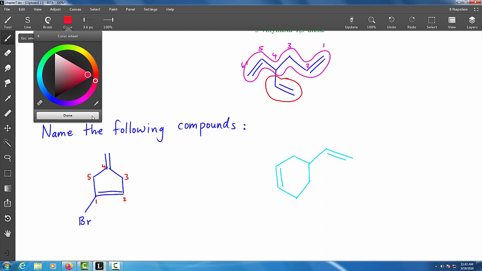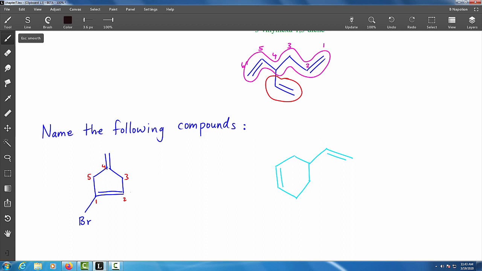Let's see if I number the other way. Okay. So it seems that whichever direction I number, I get the same thing. So we know we have a cyclic 5-member ring, so that's going to be a cyclopentane. Okay.